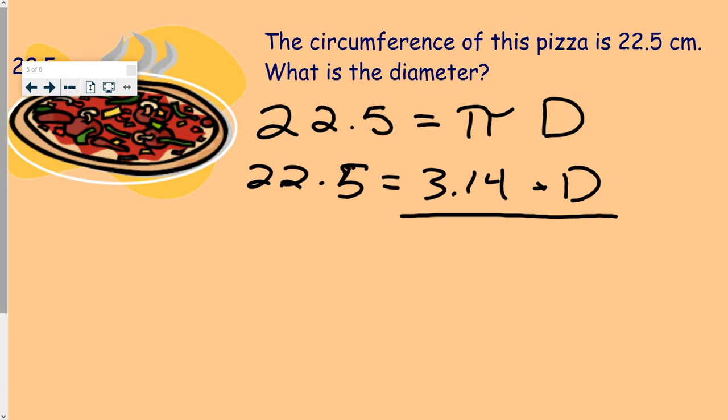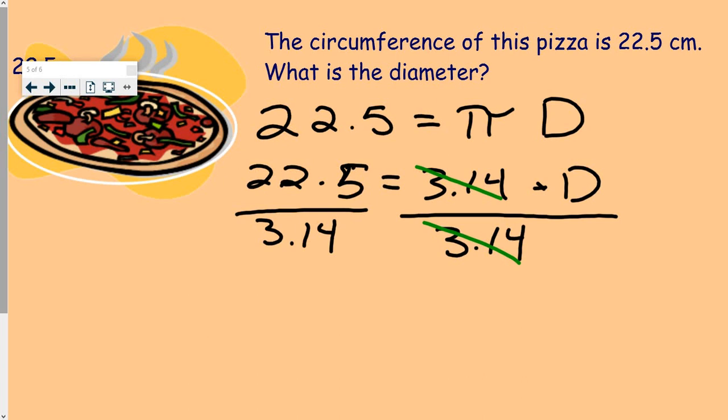The opposite of times is divide. So we're going to divide by 3.14 to make sure that equals 1, and 1 times d is d, right? Whatever we did to this side, we have to do to this side. So we're going to divide by 3.14.